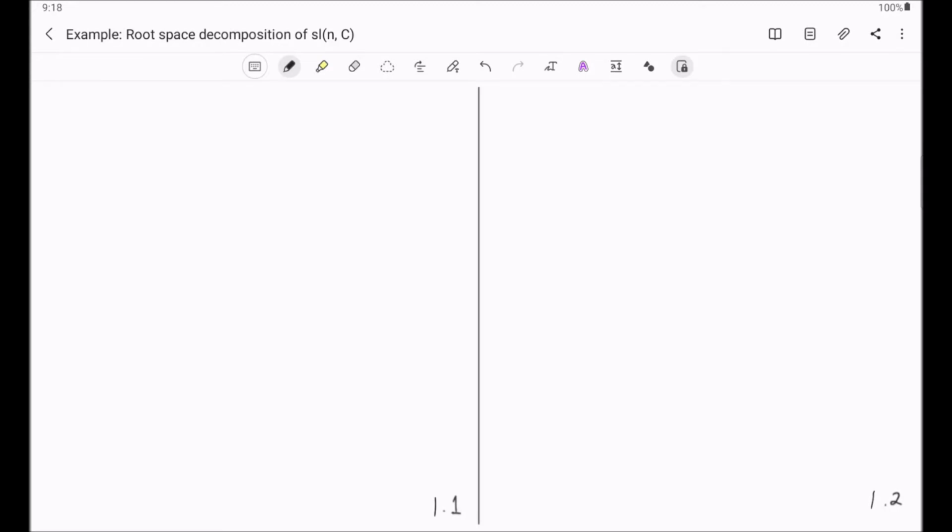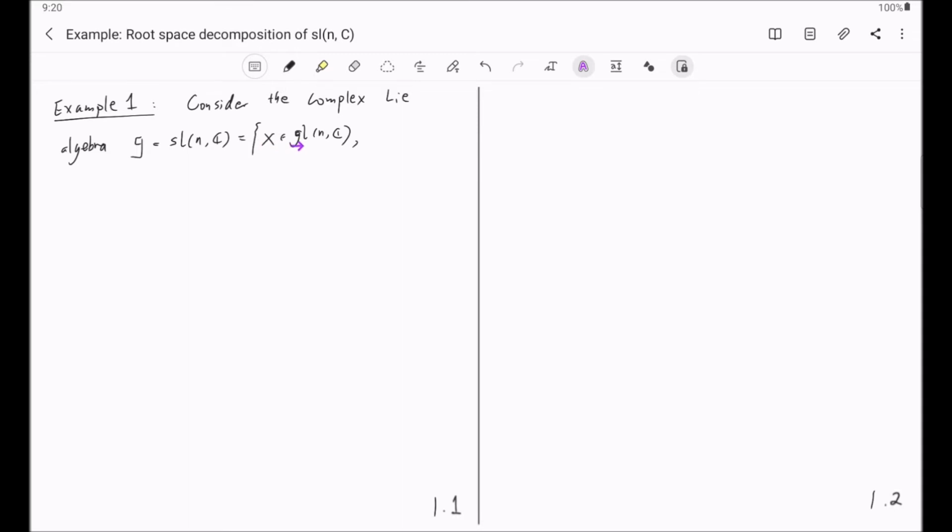As a very important example for complex semisimple Lie algebras, we'll talk about SL_n(C). Consider the complex Lie algebra g equal to SL_n(C). By definition, this is a collection of n by n matrices.